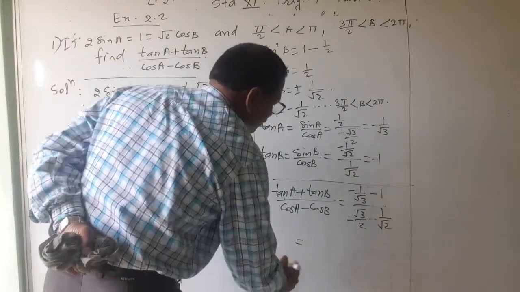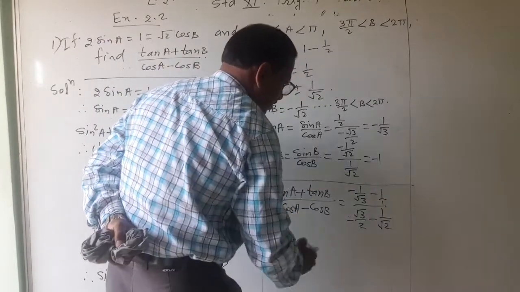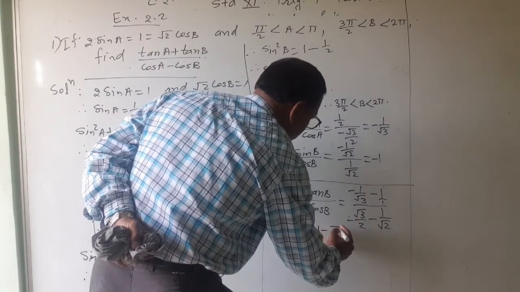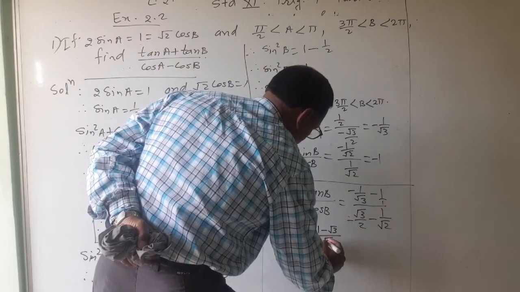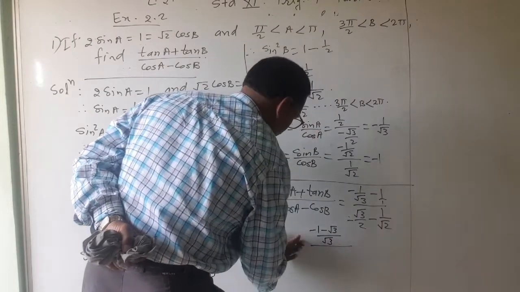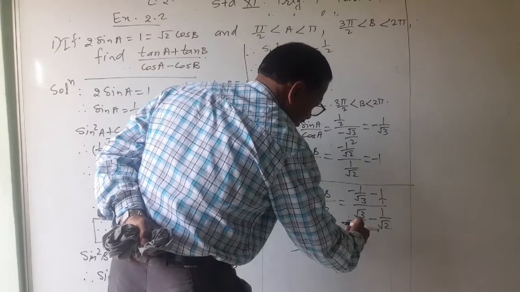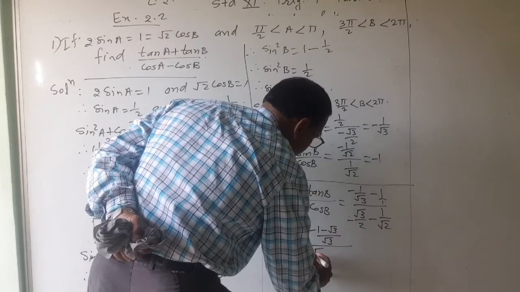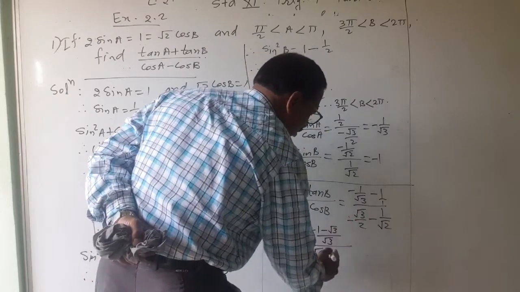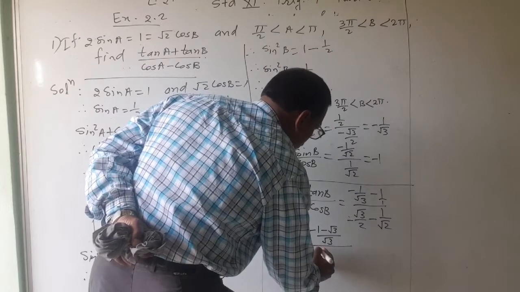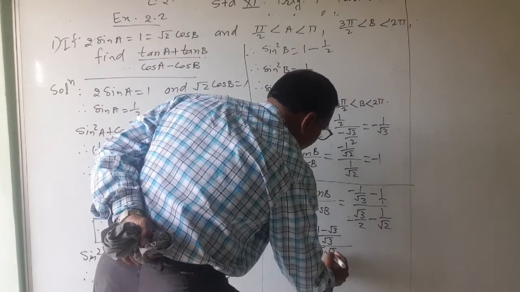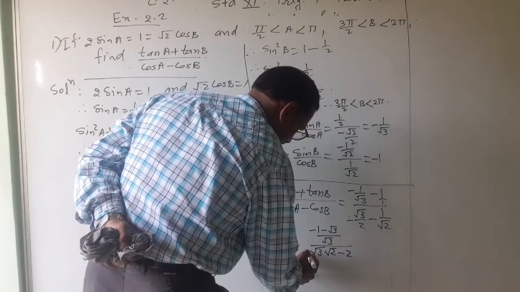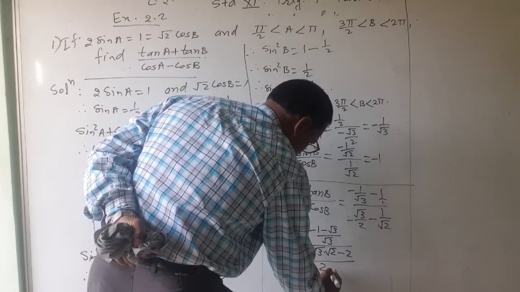That is equal to, doing the cross multiplication here, minus 1 minus root 3 upon root 3, upon the denominator, multiplying these two: root 3 into root 2 minus 2, everything is negative, upon 2 root 2.